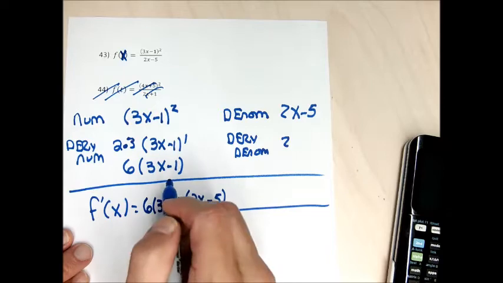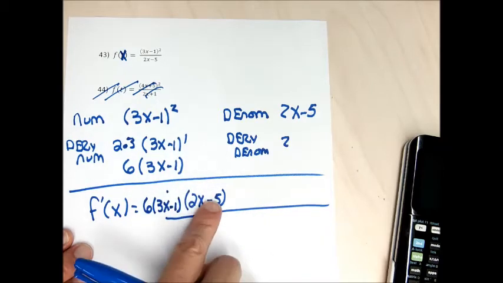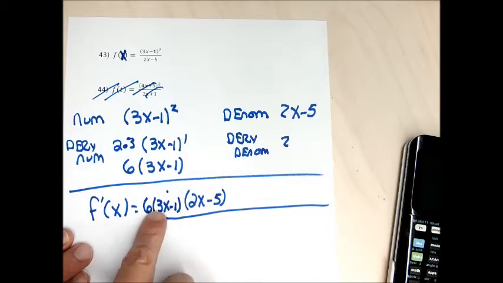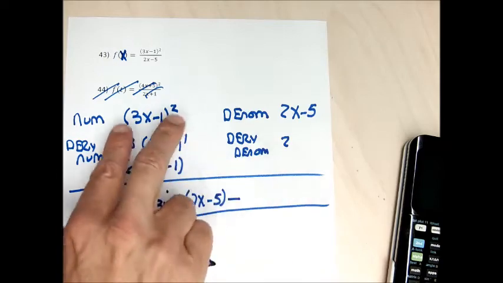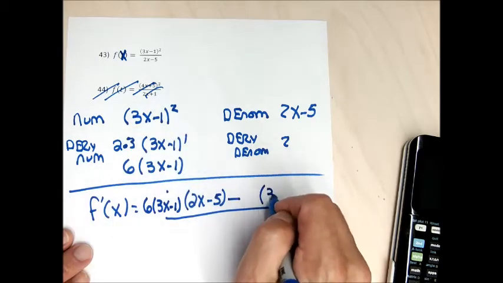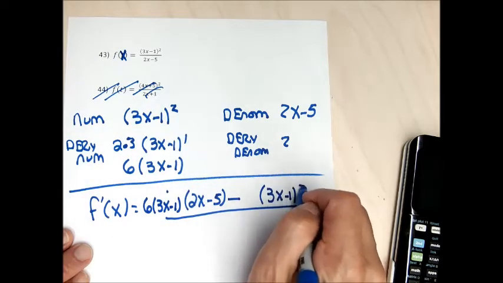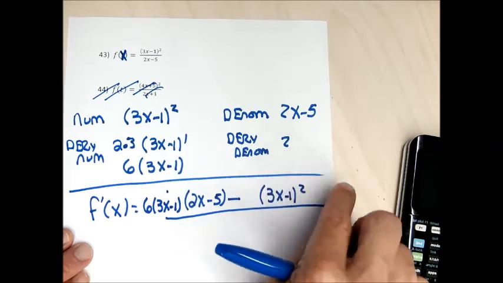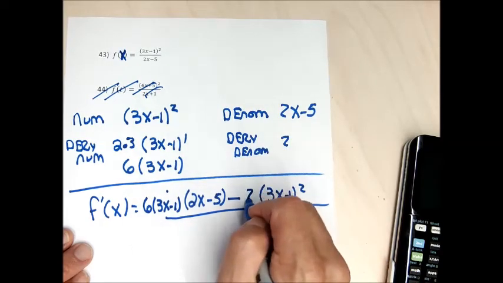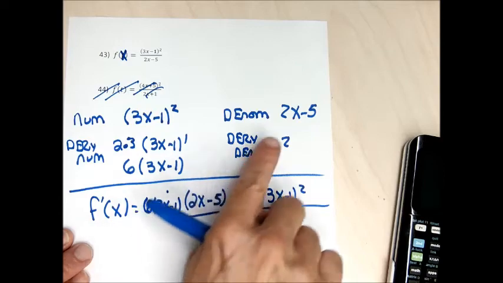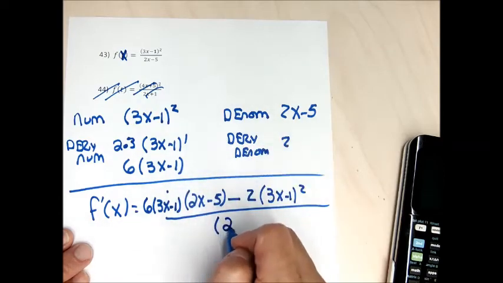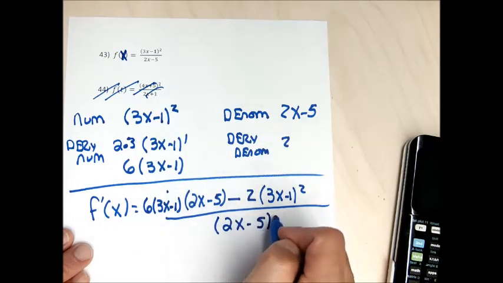So that's right here. This is the part that's the denominator times the derivative of the numerator, and then minus the numerator times the derivative of the denominator. Again, I'm going to write it here. All over the denominator squared, and I just throw a parentheses and square it.